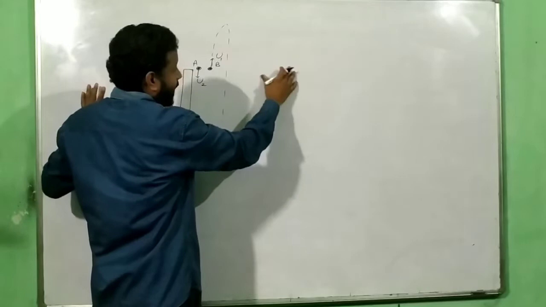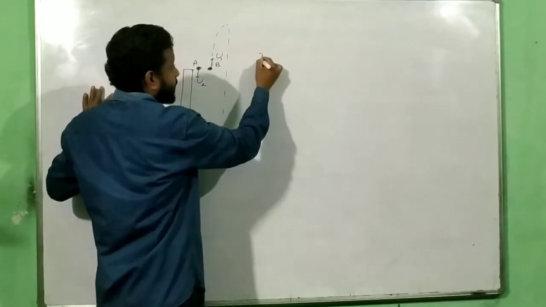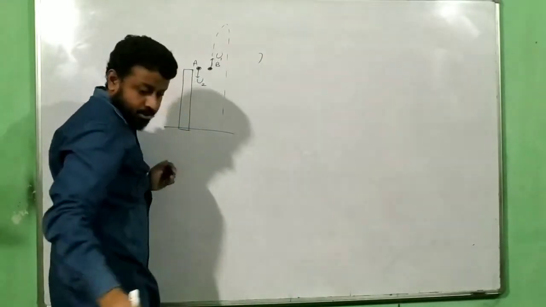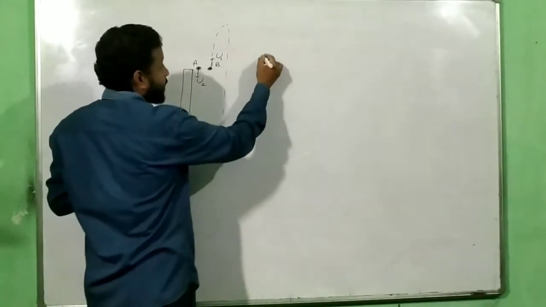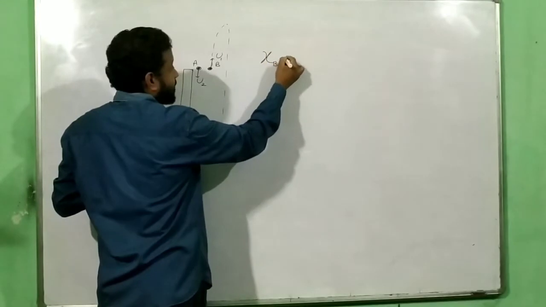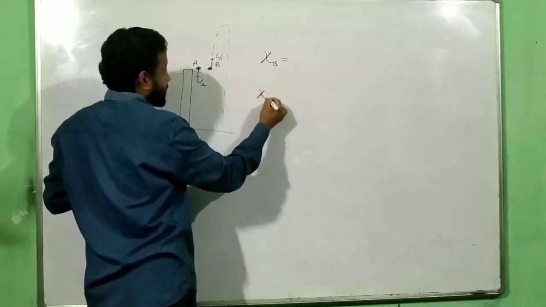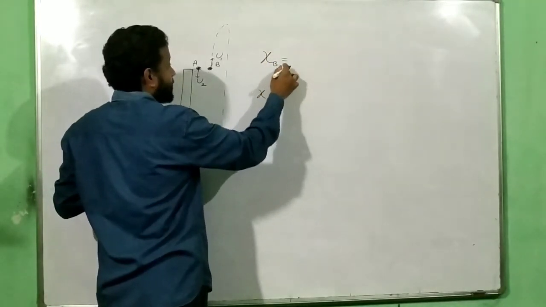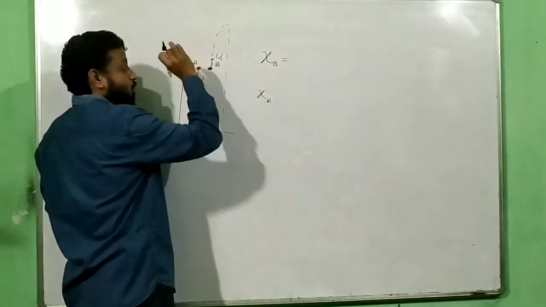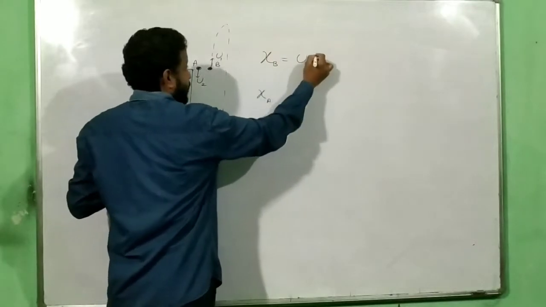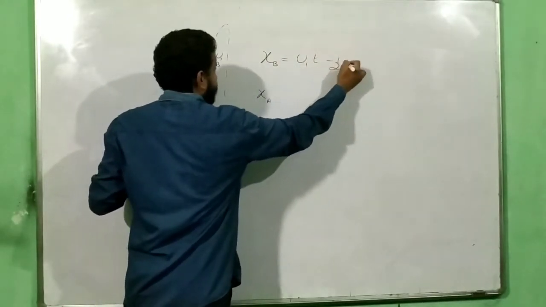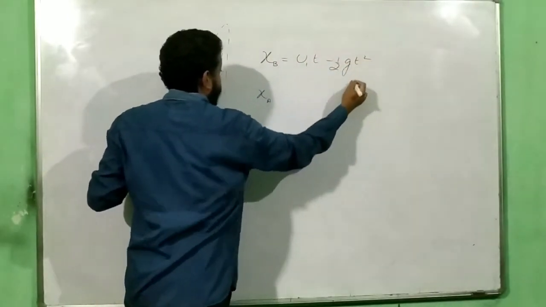So let us say how we are going to write the equation here. If I have to write for B, the displacement of B will be equal to, and then I will write the displacement of A. Now for displacement of B, remember B was the one which was thrown first. So here I will write u1 because it is thrown upward: u1t minus half g t square.